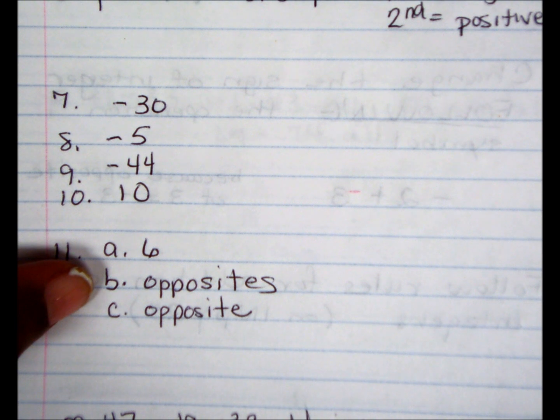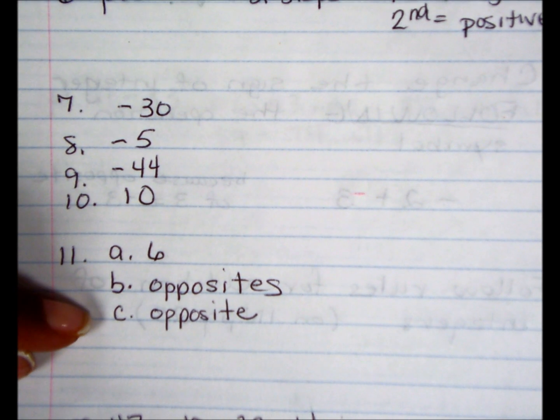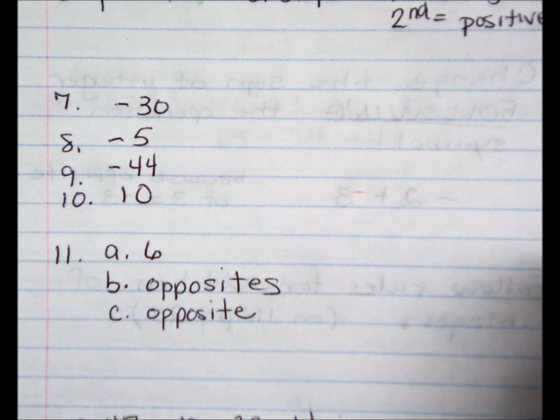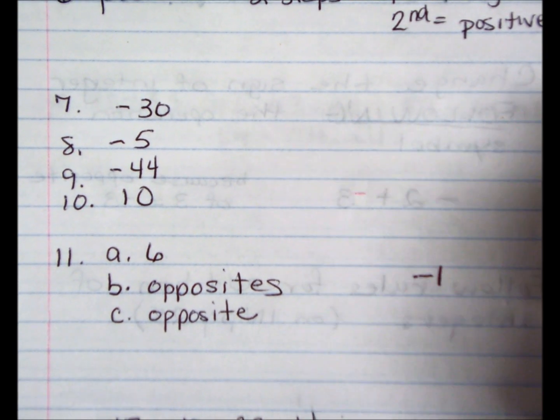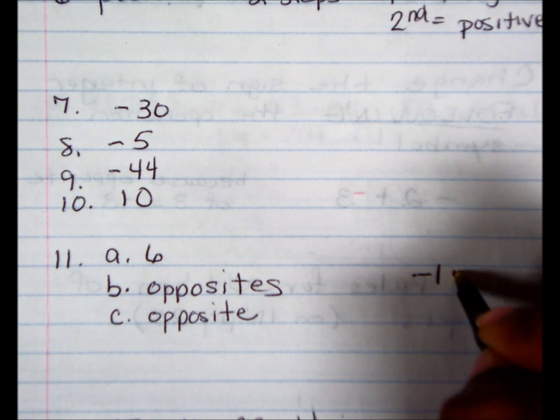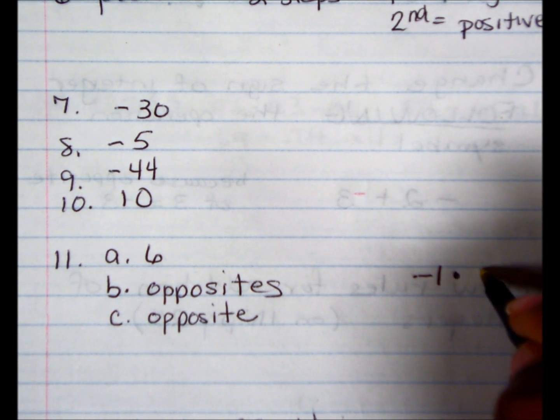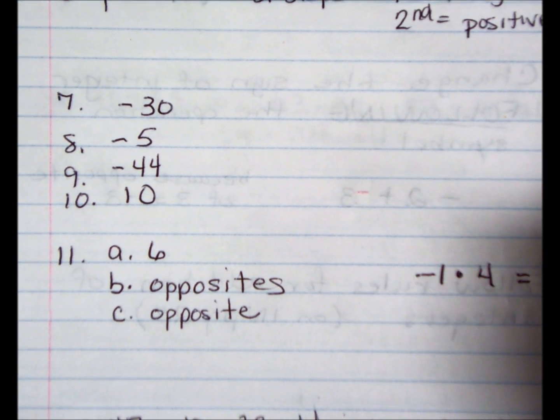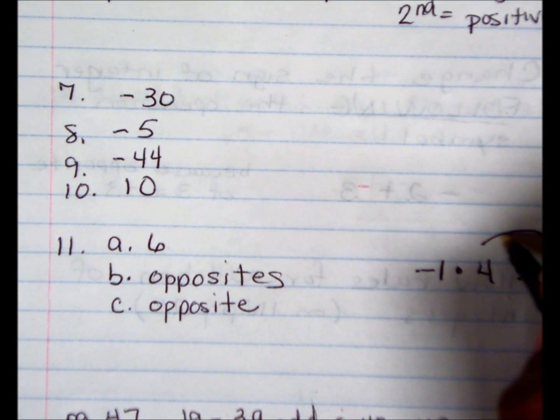And then it asks you to do some thinking, and I hope most of you came up with this: the product of any integer and negative 1 is the opposite of the integer. Let me just show you how that works. So we've got negative 1, and if we do negative 1 times 4, then it's going to equal negative 4. 4 and negative 4 are opposites.